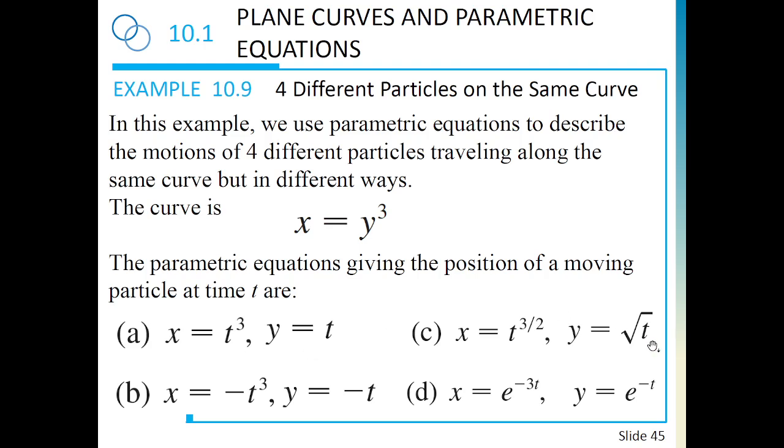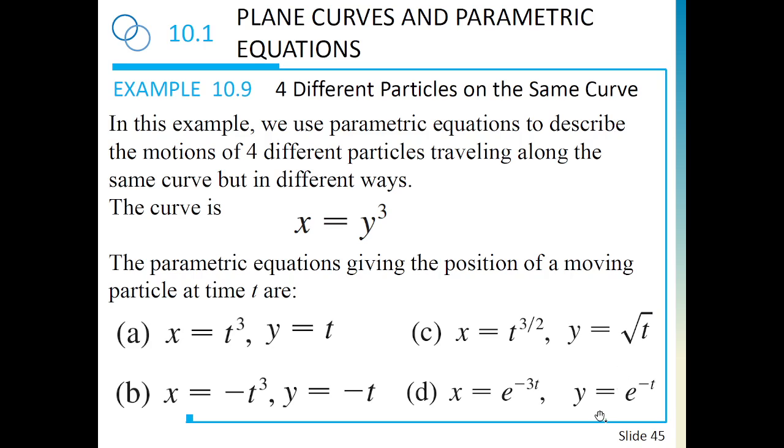But in this situation, t must be greater or equal to 0. Not the same thing. And then I cube it, I get my x. So now again I have this expression here. So the same Cartesian expression gives me different types of parametric equations.